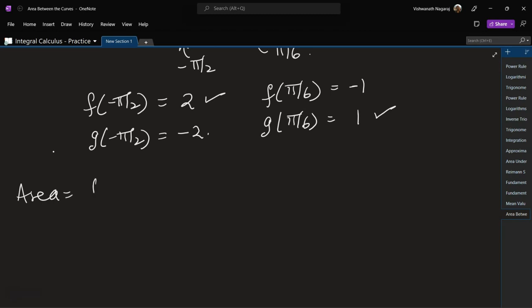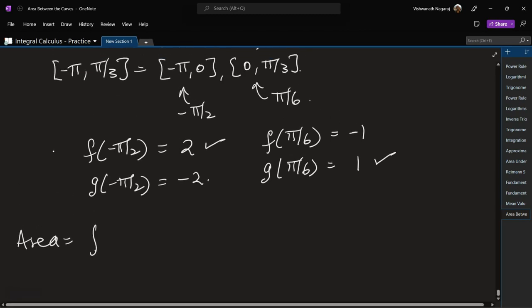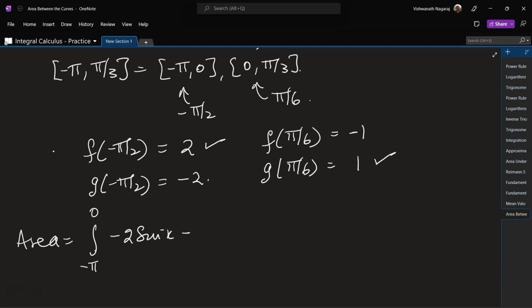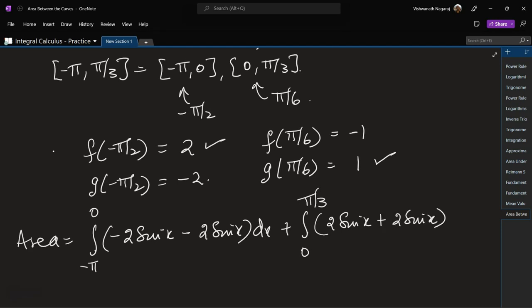Area is equal to the integral, what are the intervals? Minus pi to 0, where f is greater, so minus 2 sine x minus 2 sine x, plus the integral from 0 to pi by 3. Now in this case g of x is higher, so this would be 2 sine x minus minus 2 sine x, so plus 2 sine x dx.